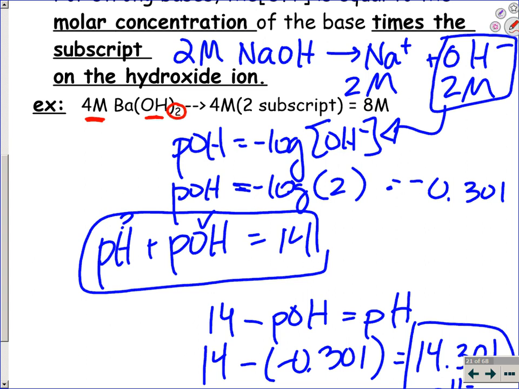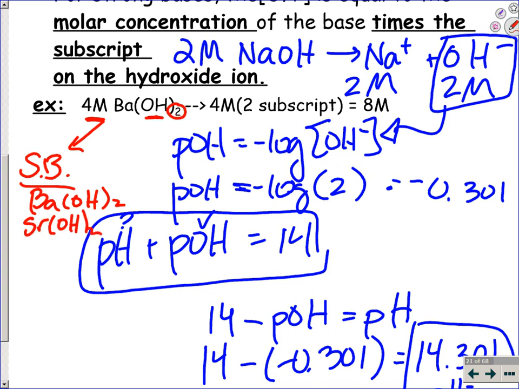We don't do it any other time. There's only 3 instances, and it's for those 3 bases that have the 2. Who are they? Strong bases with a 2 on them. Barium hydroxide, who else? Say again? Strontium hydroxide and calcium hydroxide. This is the only time you ever double the concentration. Everything else is going to be the same.